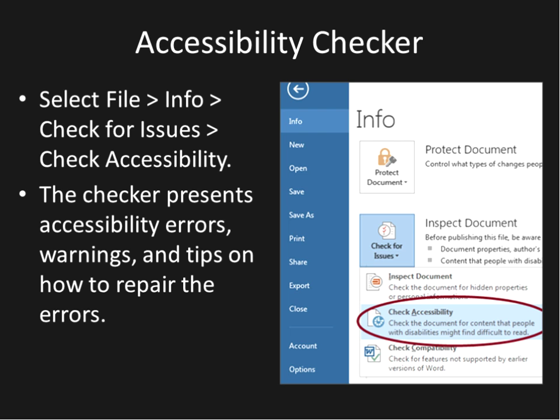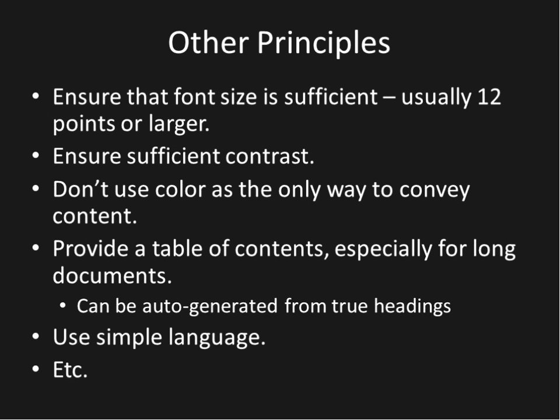You can activate this by, if your document is open in Word, you can select File, Info, and then there's an option to check for accessibility, and you can activate that. Word will then analyze the document and present accessibility errors, things that it knows need to be addressed, accessibility warnings, things that might be an issue that you should look at, and also some accessibility tips on how to make that document more accessible. So this is a great resource and tool that can be used.